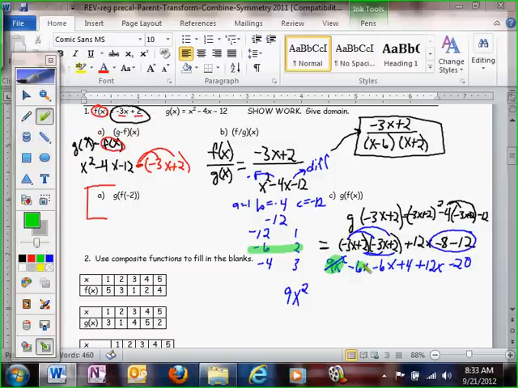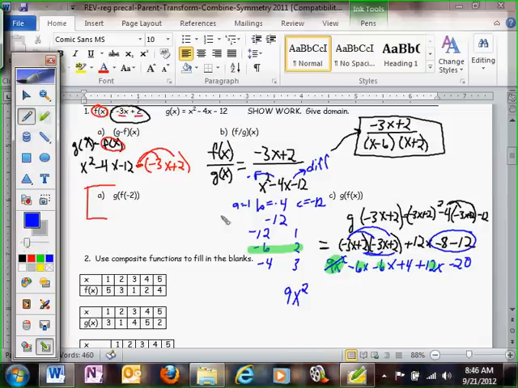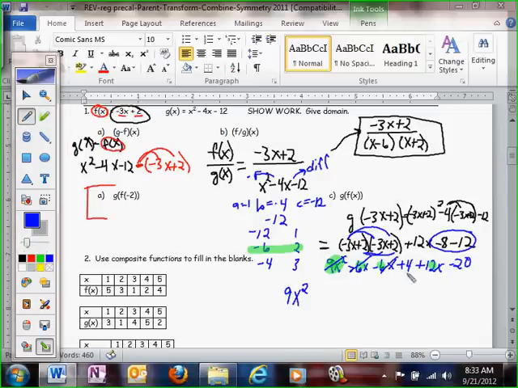I have a 6x, minus 6x, another minus 6x, and a plus 12x. Well, minus 6x minus 6x is minus 12x. And then a minus 12x plus 12x cancels. That becomes 0. So the x's are gone. And then I have a plus 4 and a minus 20, which is a minus 16.